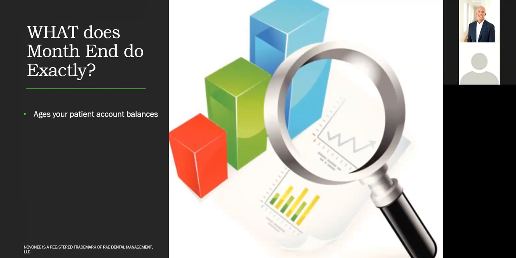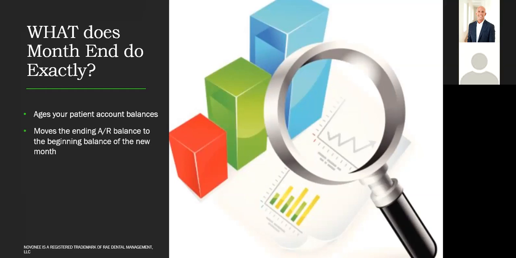And so if you want your accounts to age, so that when you send out billing statements, or you're running a collection report and you want to look at all of your over 90-day past due accounts, or you want to keep track of how much money you have over 90 days past due, then aging your accounts is a really important part of the month-end process. So that's one of the first things that month-end does.